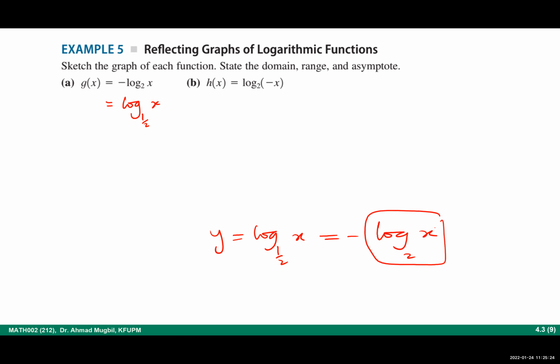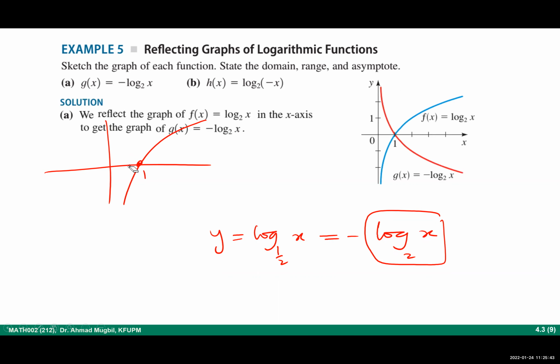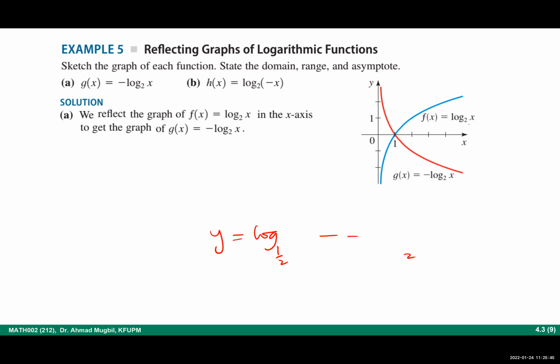To avoid any confusion, focus on the graph when a is greater than 1. So what will you do to sketch the graph of negative log 2 of x? You will sketch the graph of log 2 of x, then reflect it in the x-axis, and you will get negative log 2 of x.